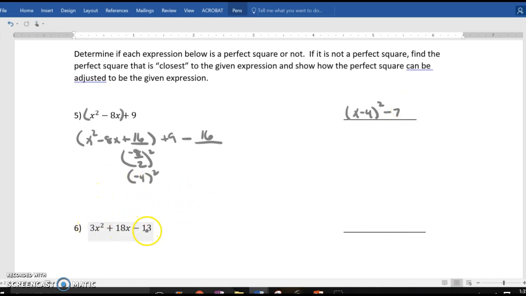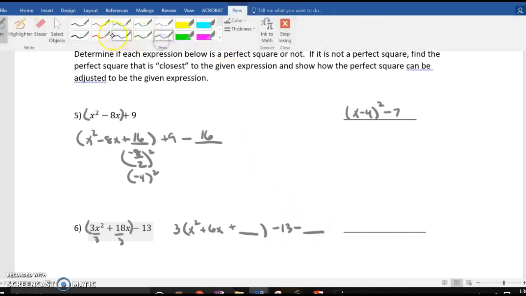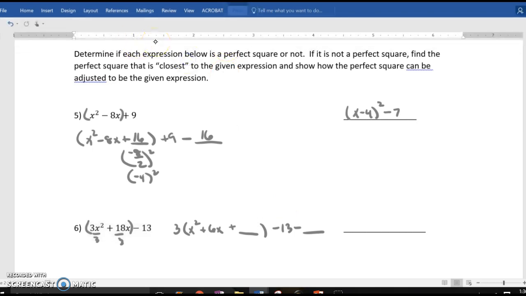Okay. Next one. Not a perfect square because the 13 kills it. So I'm going to factor the 3 out of these two terms. 3 times, divide by 3. I get x squared plus 6x. Now I have to add something inside here. Then I have to come out and subtract it. So in this case, what am I adding inside? That's the key. Well, I'm going to take half of 6.